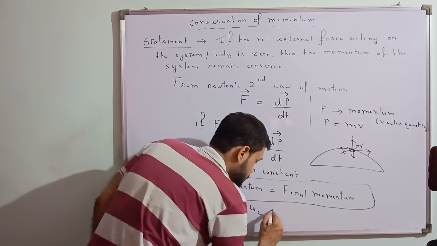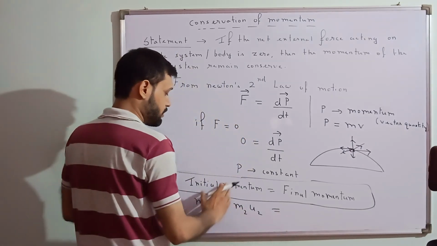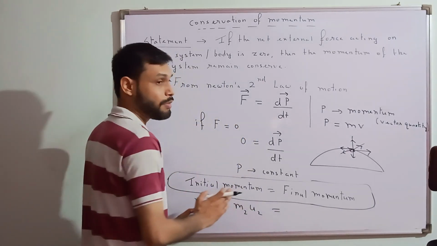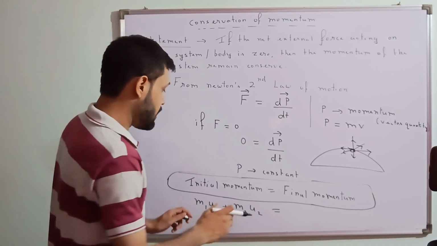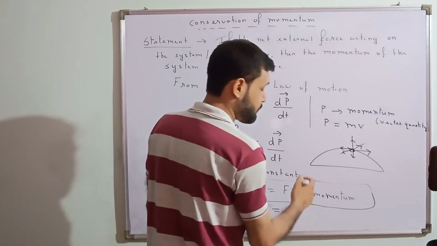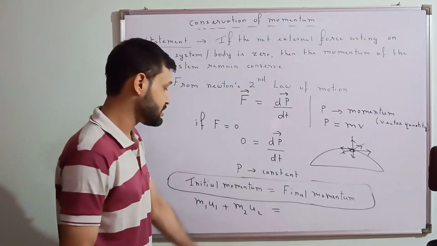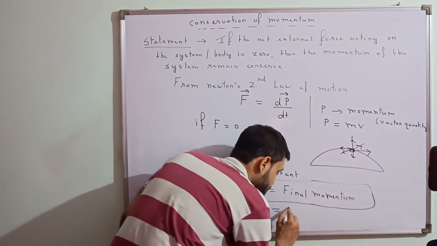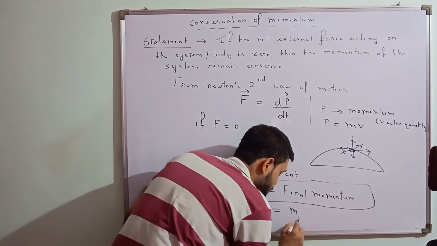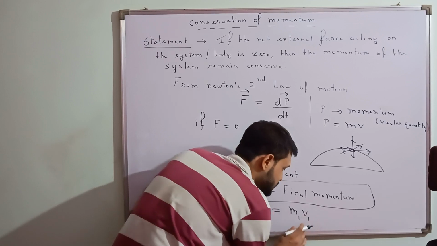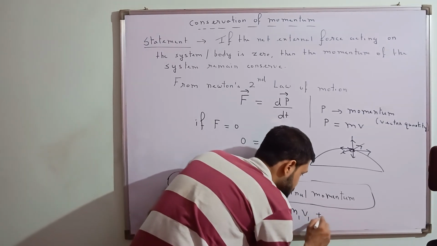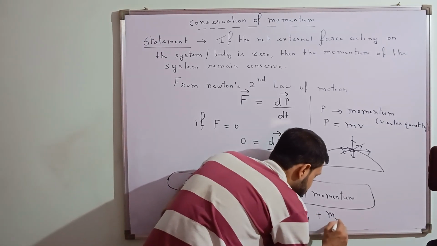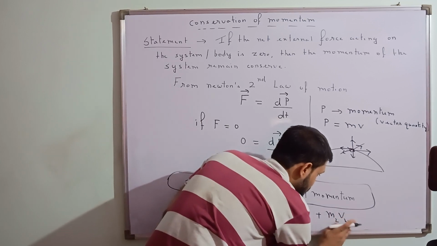This is the initial momentum of the total system, because we have only two particles, and it will be equal to the final momentum of the system. Finally also we have a two particle system. If the mass remains the same, m1, its velocity will become v1, the final velocity.